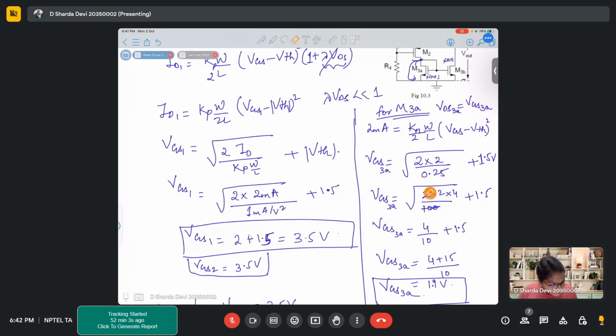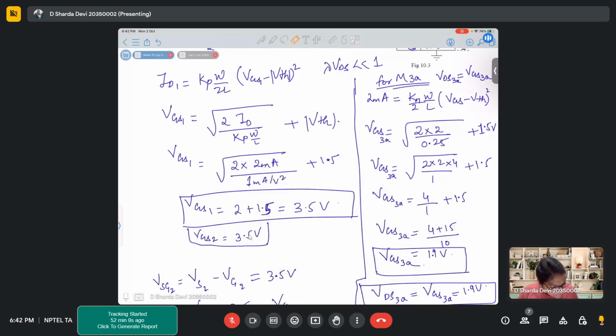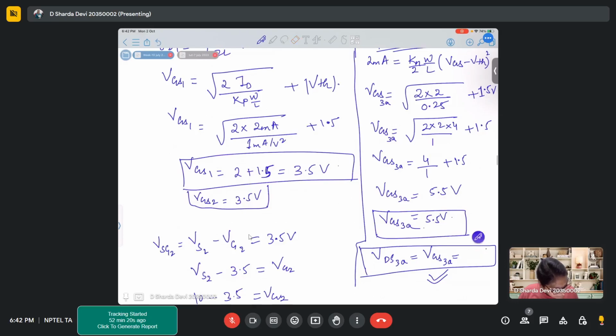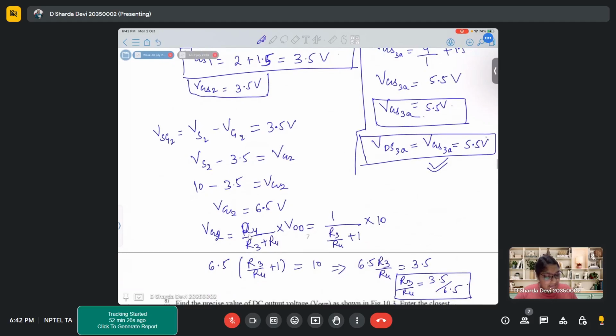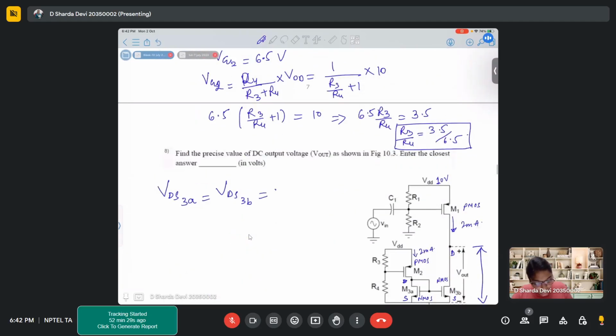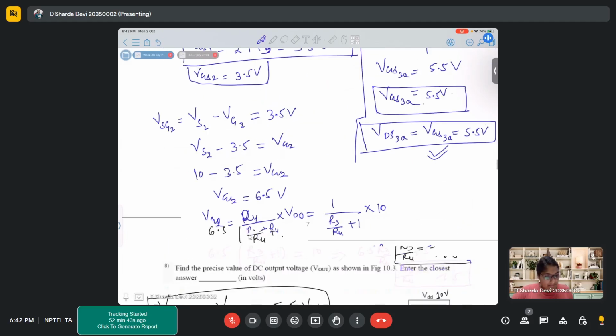Here it will be 4 plus 1.5, so it is 5.5 volts. Here also it is 5.5 volts. So we know VDS 3A is 5.5 volts, which is also equal to VDS 3B, which is 5.5 volts, and this is also equal to Vout. So this we got from the analysis which we did here.